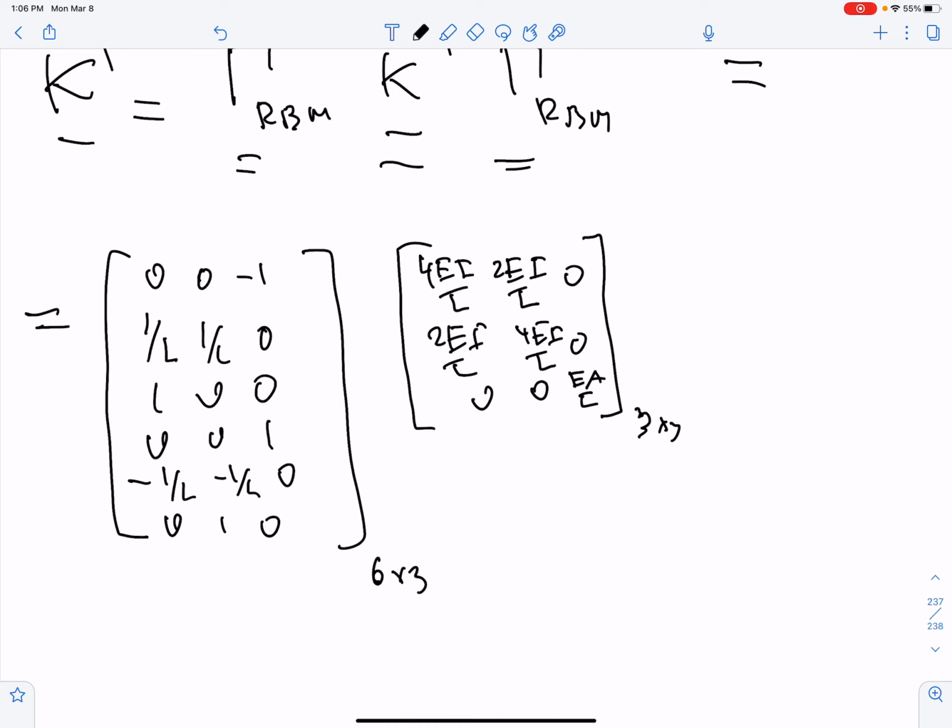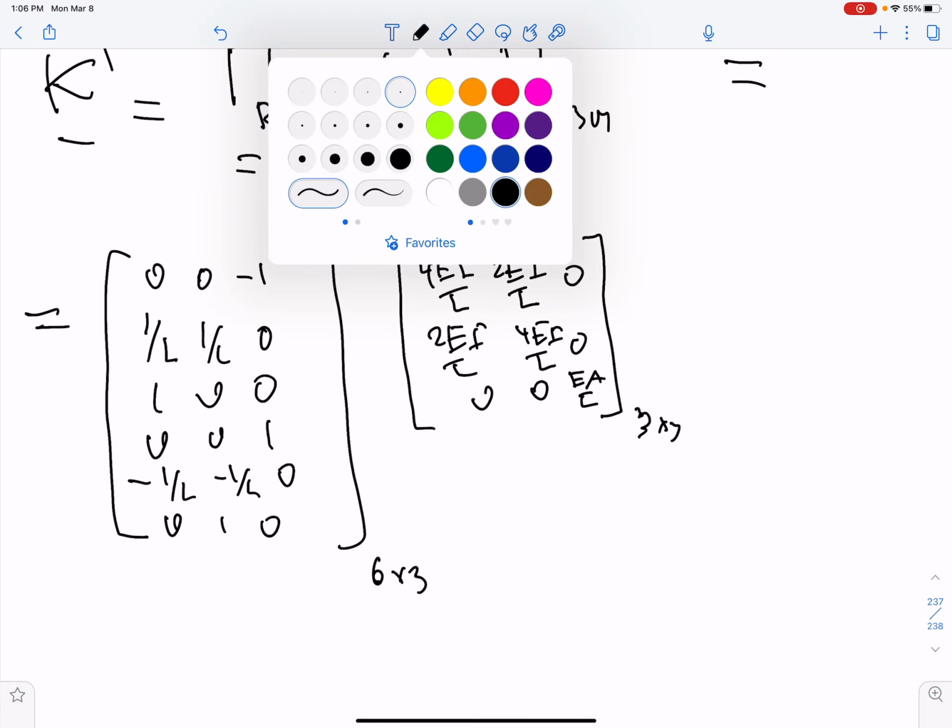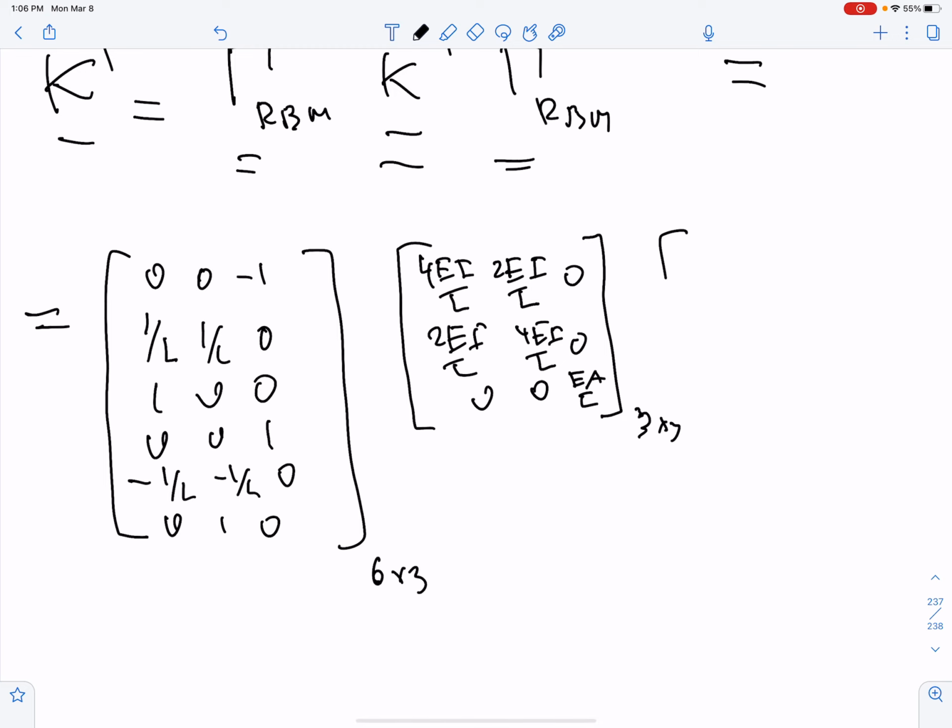Okay, and this guy goes and multiplies the gamma RBM. Let's see if I can fit this here. Need to write a little bit smaller.